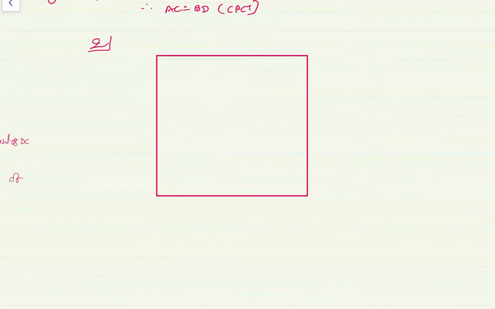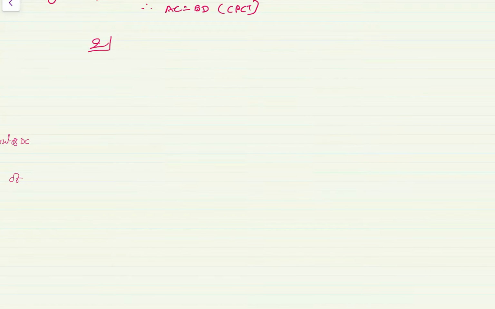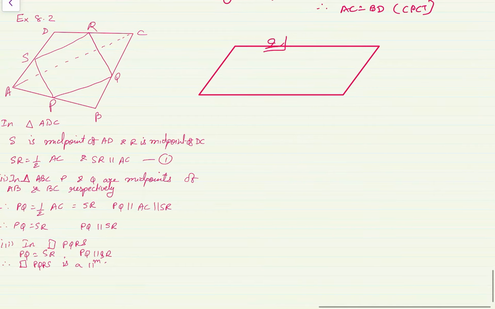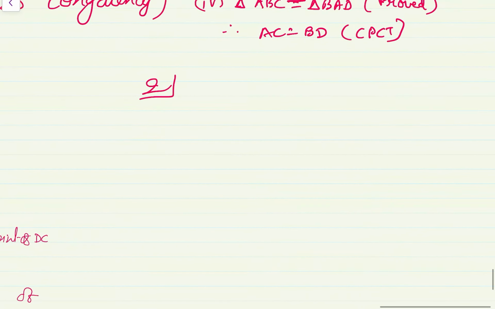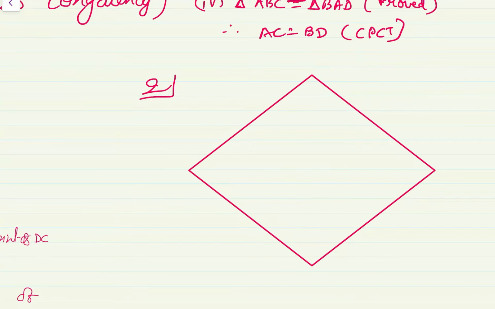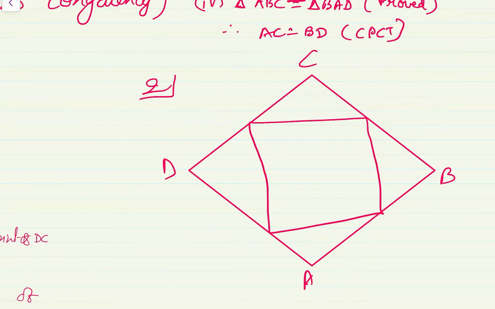If we take this as a rhombus, we have this A, B, C and D as rhombus and S, R, Q, P are midpoints.